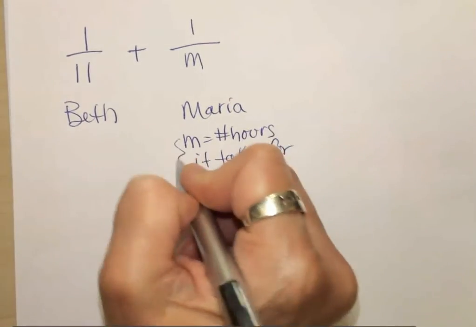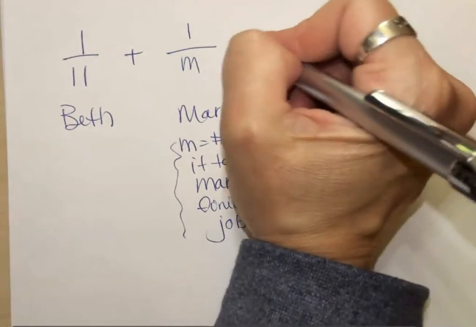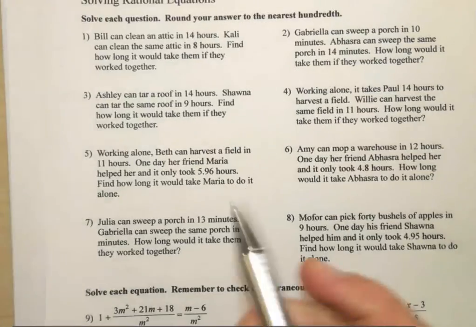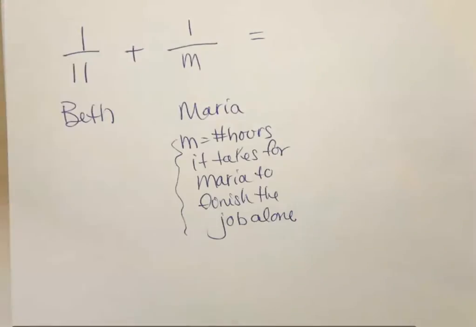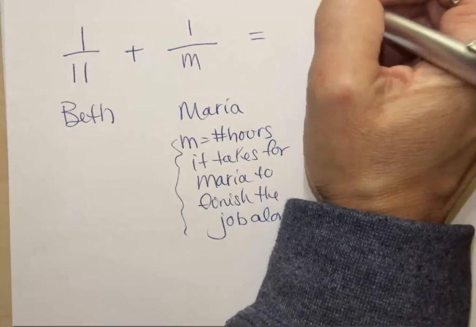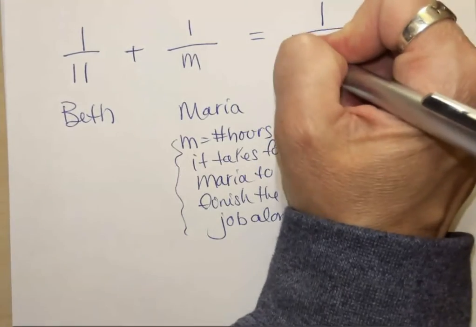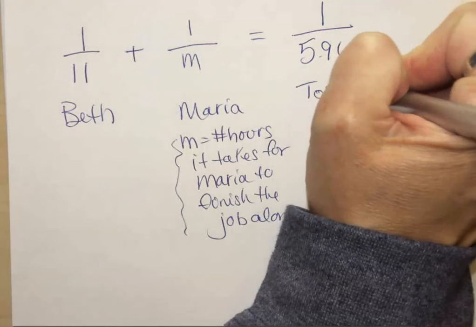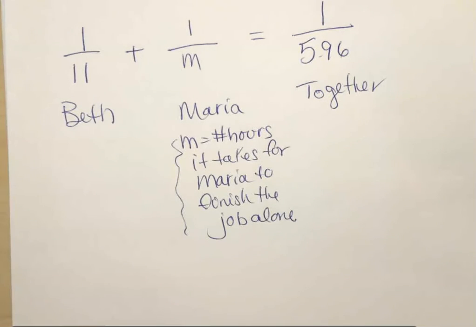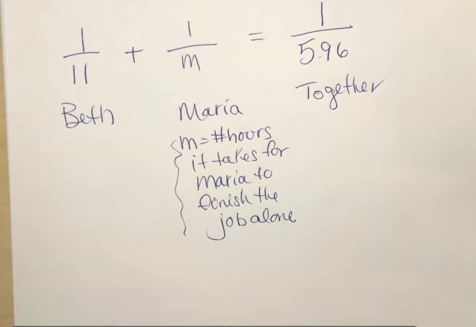We always want to define our variable. And then it told us that it would be 5.96 hours together. So we know their together time is 1 over 5.96, and this is together.